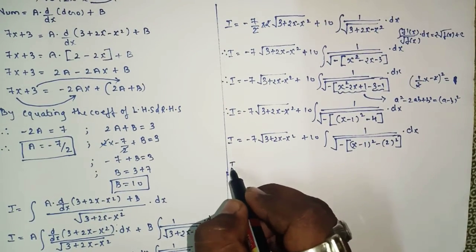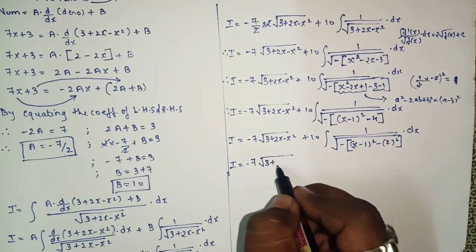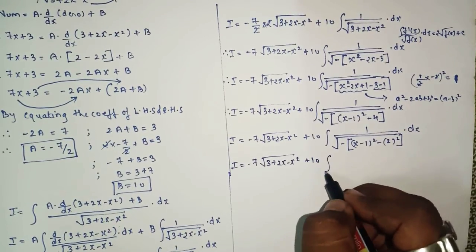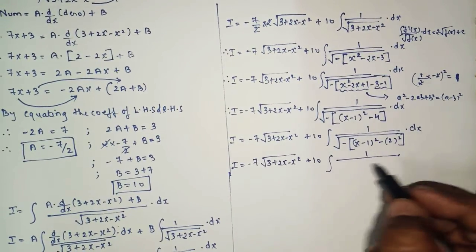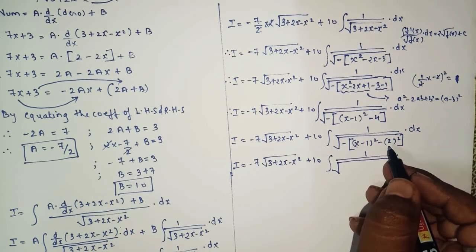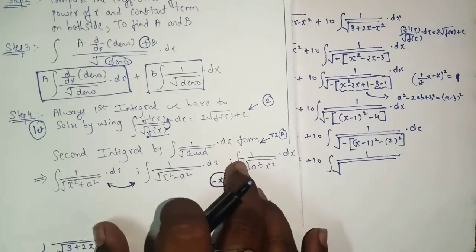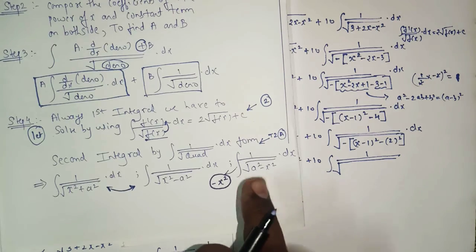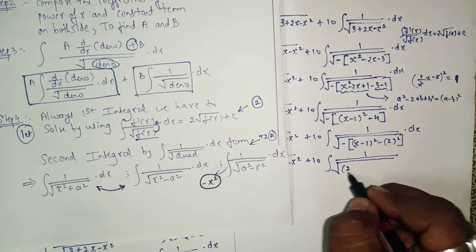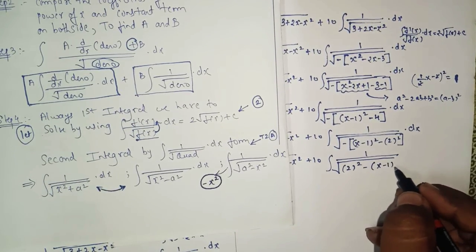Then I equals to minus 7 root 3 plus 2x minus x square plus 10 integral 1 upon, now we know that, bracket open with this minus to compare with this equation. Yes or no? So here you will get what? Minus minus, this will be plus 2 square, the number will come first, and then after that x minus 1 the whole square.